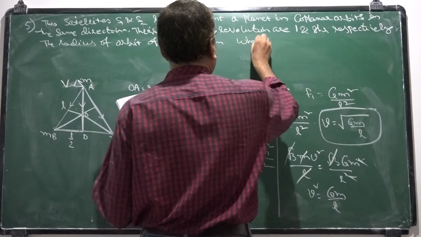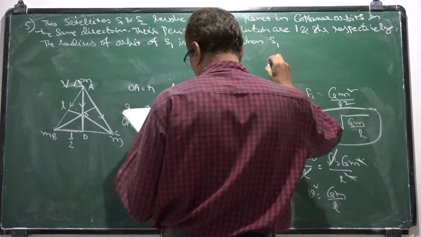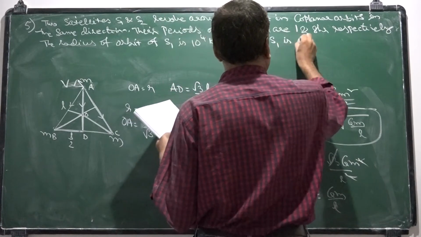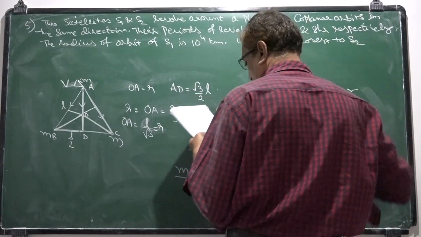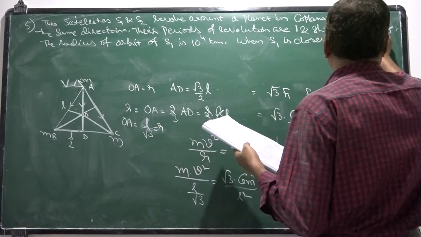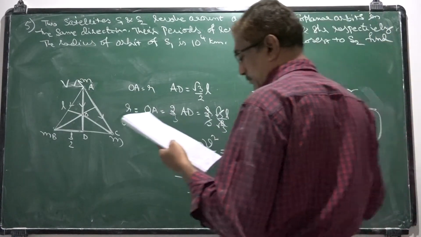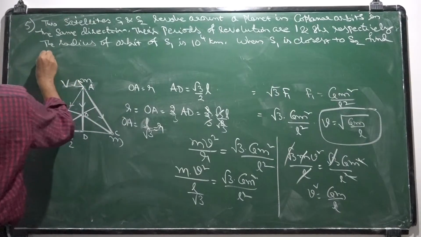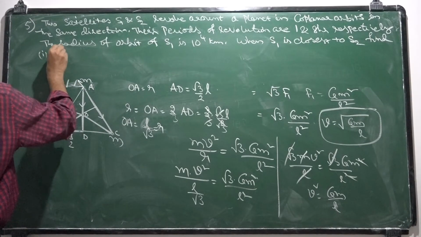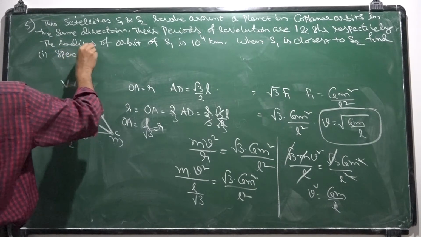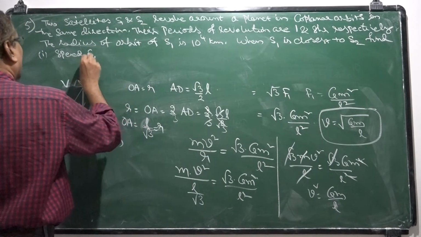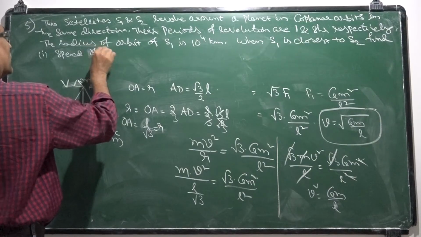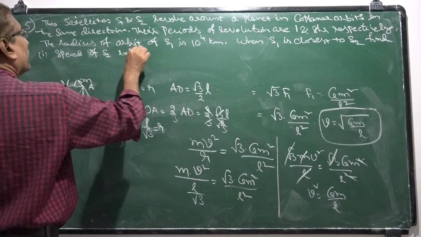When S1 is closest to S2, then find: first one, speed of S2 relative to S1.